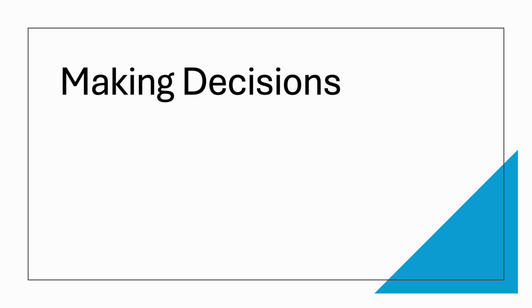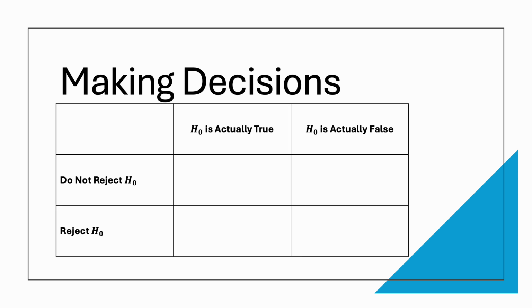So making our decisions, what I have here is a table that I've set up to help us break this down. The first one we're going to look at is where we do not reject H0. That's the decision we made. And the reality is that H0 is actually true.